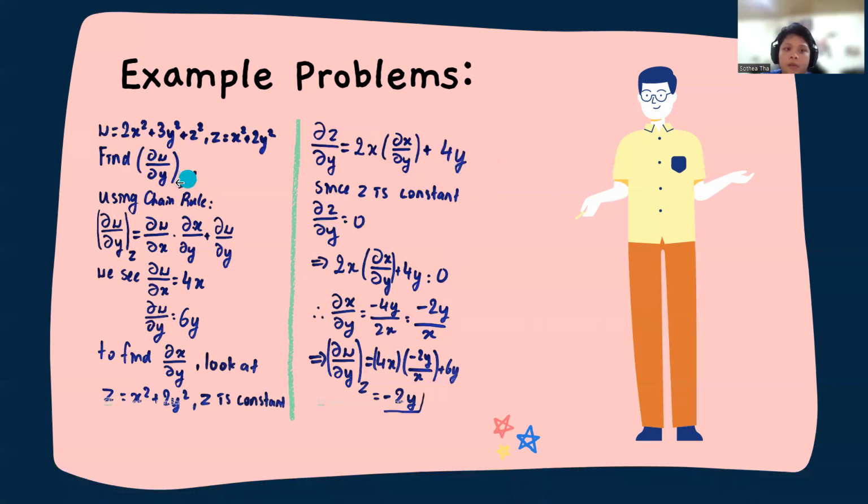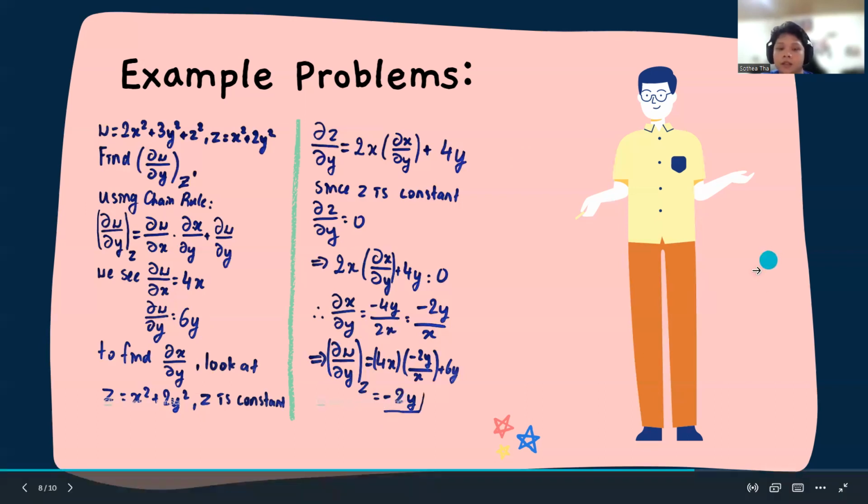But we established up here that z is a constant. That means that dz over dy equals 0, meaning that this will all equal 0, like right here. And then we can do simple algebra and find dx over dy, and it'll equal minus 2y over x. We can just plug these answers into the chain rule to find the answer we want. And dw over dy, keeping z a constant, will equal minus 2y.